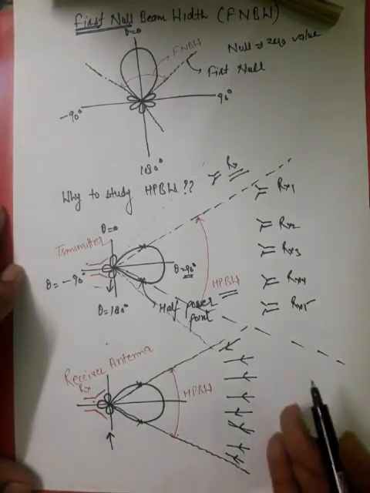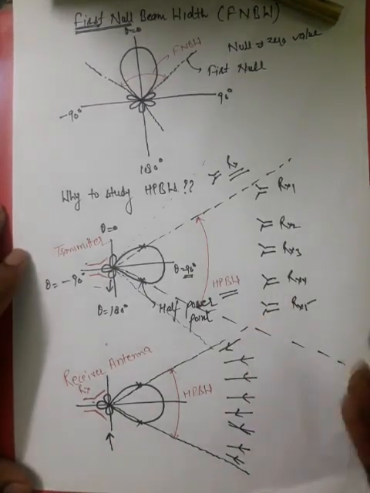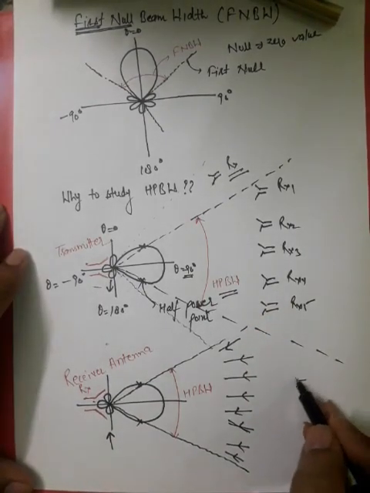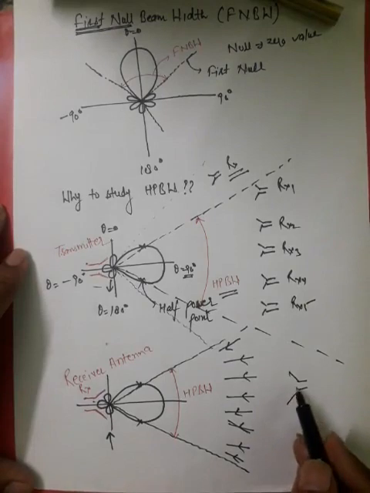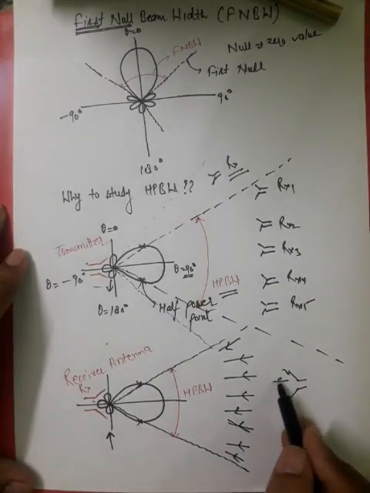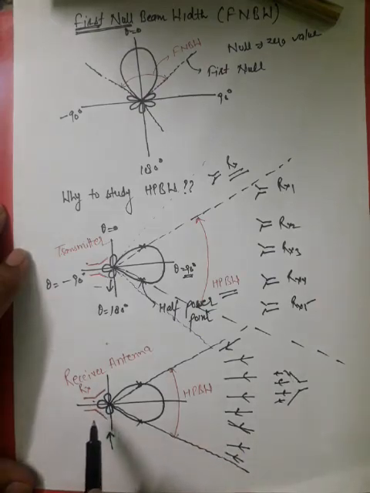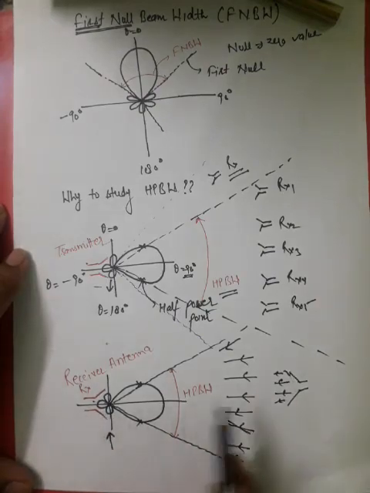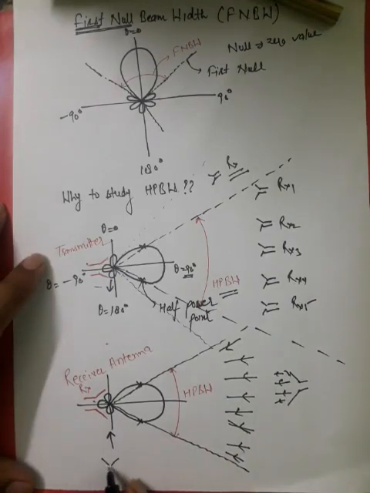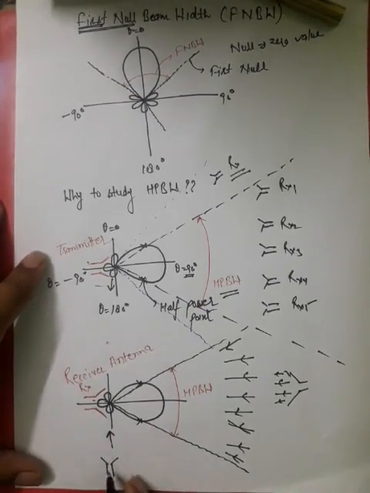So you must know that if you are expecting that your transmitter antenna is located here and you are expecting that all the power transmitted by this antenna must be received by this receiver antenna, it is correct. It will receive this power. But suppose that any other antenna which is located at this location is also transmitting power in this direction.